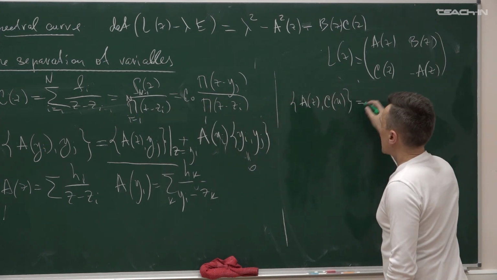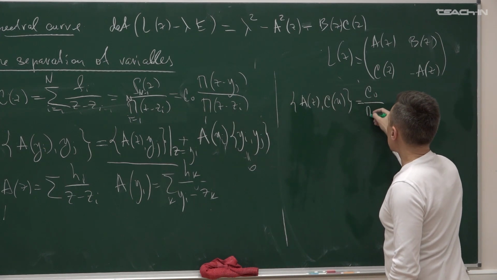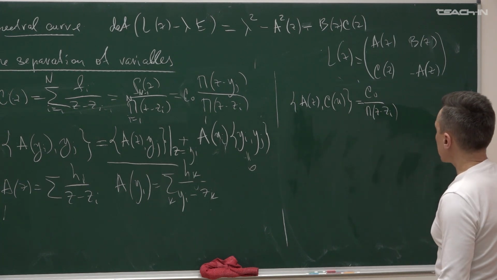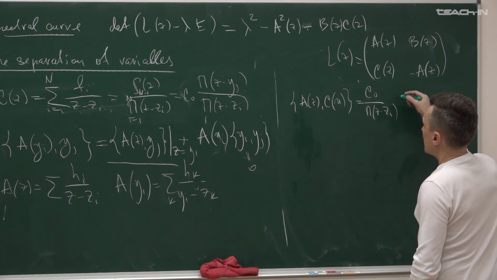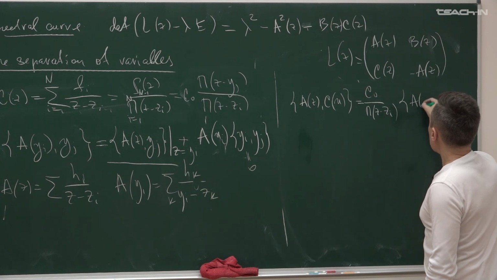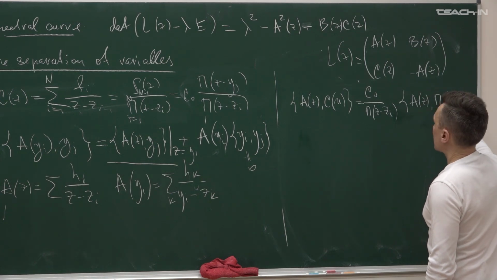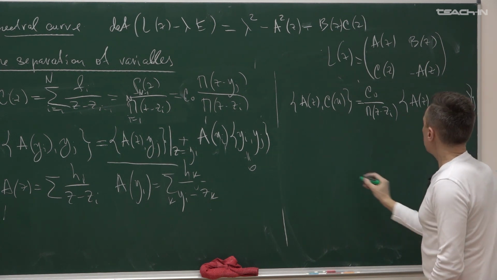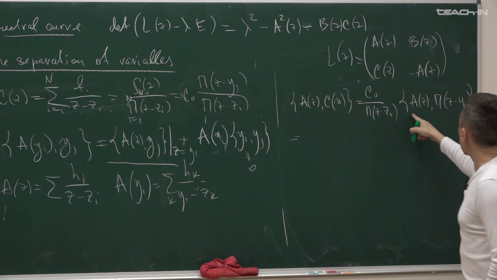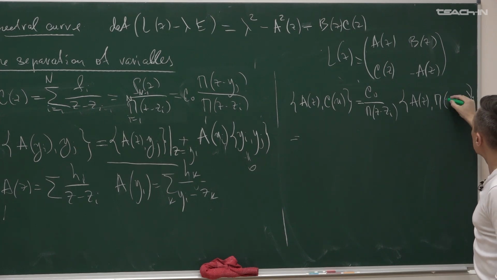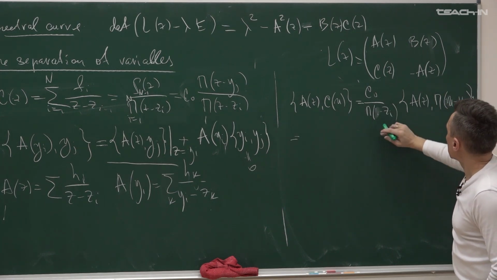So I'd like to write it like this, with Z_i, and now we have such a formula with y_j.